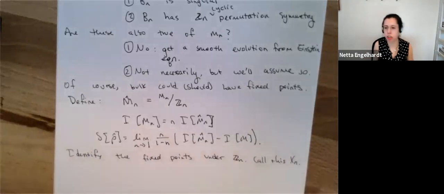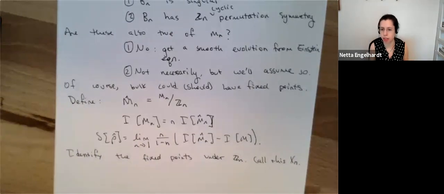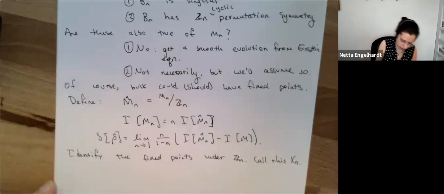A very natural way to think of Xn is as the extension of the boundary of R from the Bn manifold into the bulk. This is how we like to think about Xn, as this natural extension of partial R, the boundary of R, into the bulk.